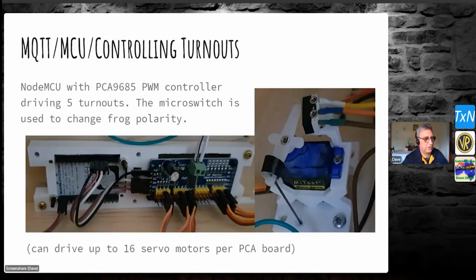I have a micro switch connected to it so that it'll throw the polarity of my frogs for me. I've just recently done another one where I've used up 8 of the available ports on the board, so 8 turnouts from that. That cost me about $20, $25 to do the motor and all the electrics to connect it to.